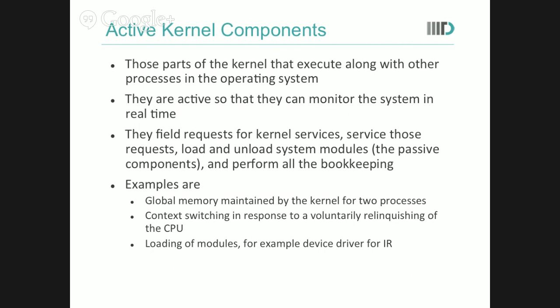The one which loads modules is always active. The one which looks at your CPU utilization and memory utilization, when you run top, is continuously active. They cannot sleep. They wake up after a constant amount of time, do all these housekeeping operations, go back to sleep, and come back again. And these are components which you have to have.